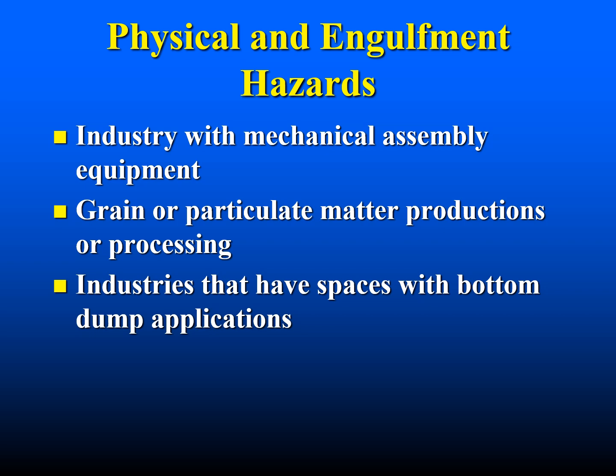Next, I want to talk about some of our target industries. Target industries are industries that have been identified in your jurisdiction where a physical or engulfment hazard exists or could exist.